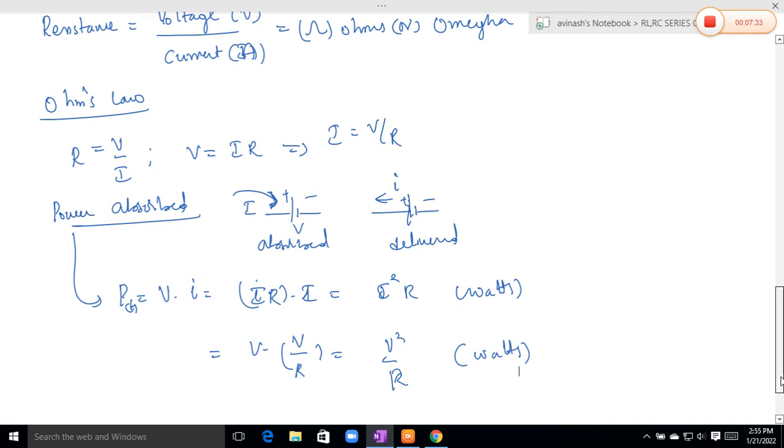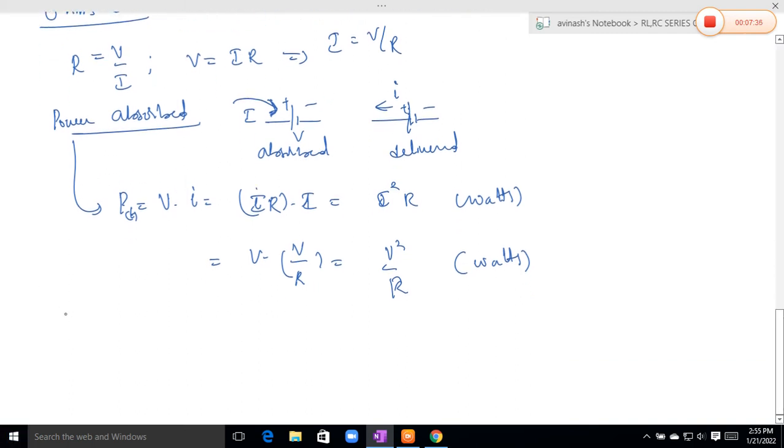In the same way, we can even find the energy consumed. The energy formula is nothing but power absorbed or delivered integrated over a period of time.